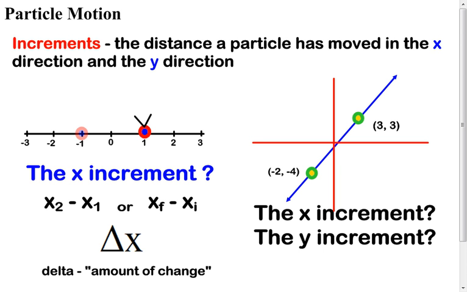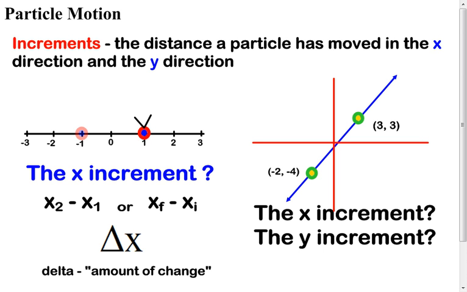Okay, I know you know how to figure out how much it changes. What you maybe don't know is how to put that in mathematical notation, especially the kind that's used in calculus, okay? So increments are the distance that a particle has moved in the x direction and the y direction. Like this particle, if I'm just moving this one right here, it moves from here to here, let's say.